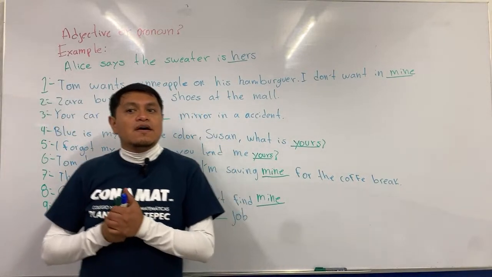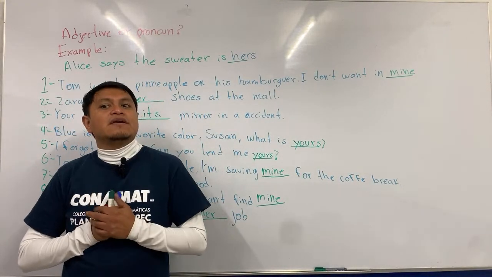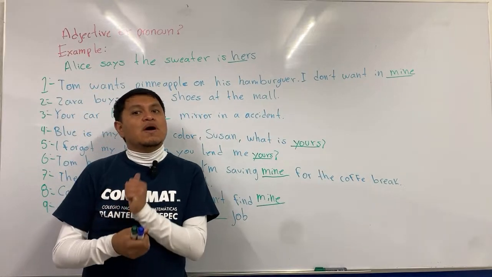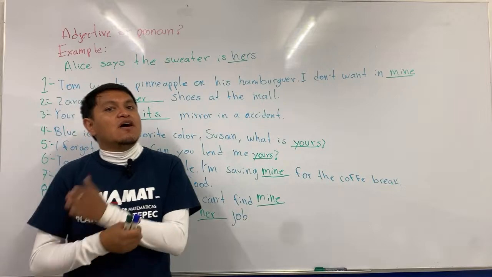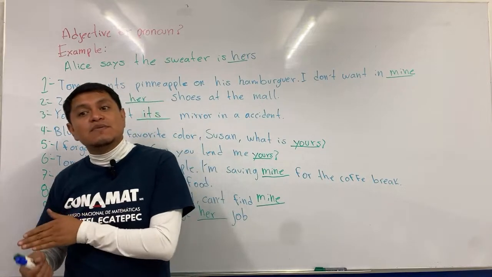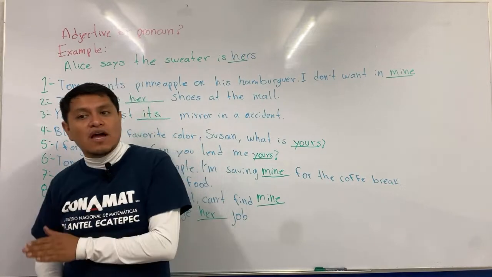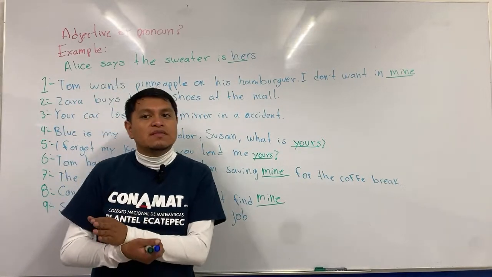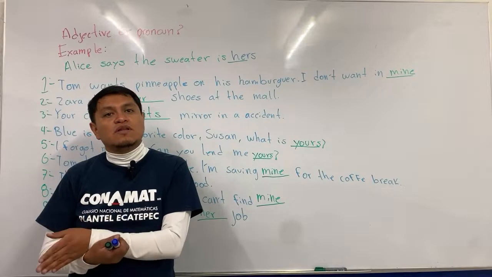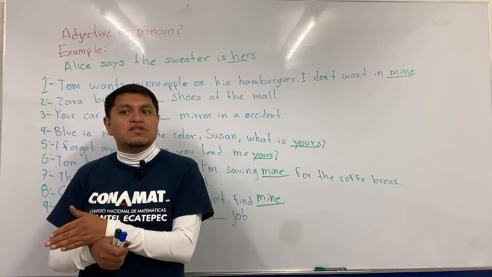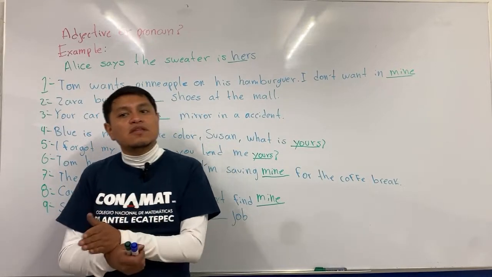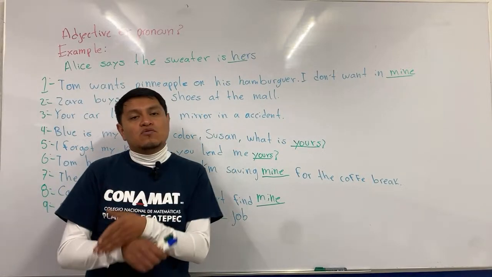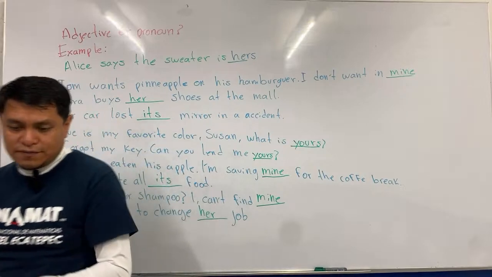Well, in summary, in most cases, possessive pronouns are used to avoid the repetition of nouns, and possessive adjectives are used to describe the ownership of a noun. En resumen, en la mayoría de los casos se utilizan pronombres posesivos para evitar la repetición de sustantivos y adjetivos posesivos para describir la propiedad de un sustantivo.